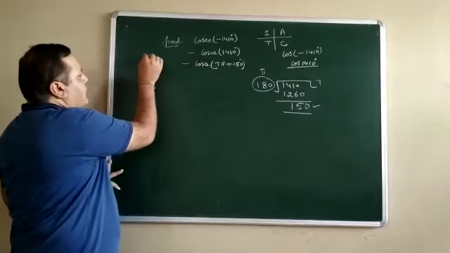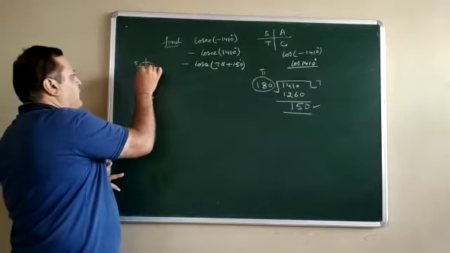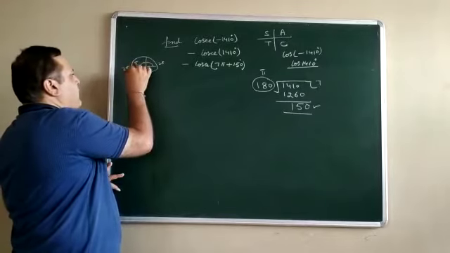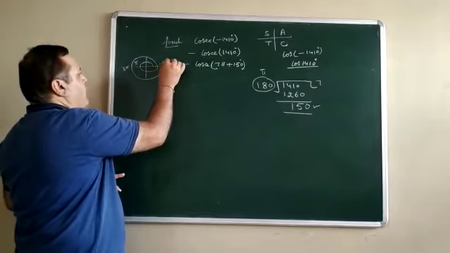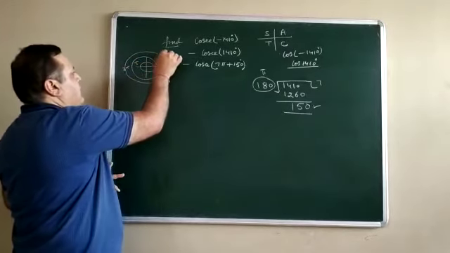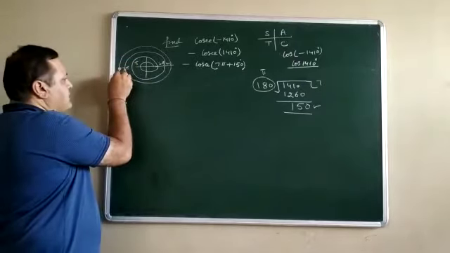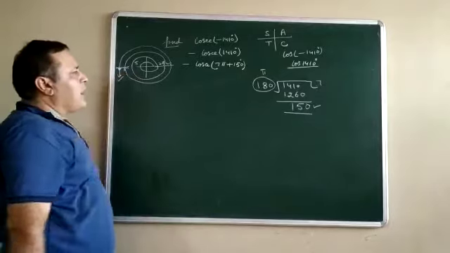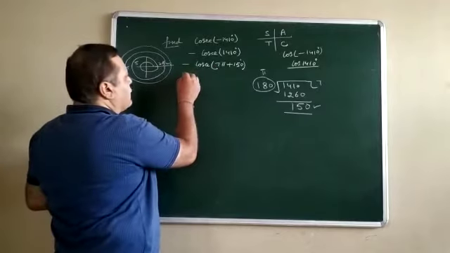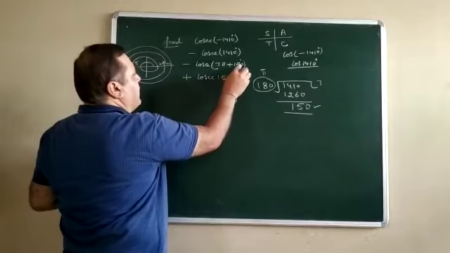If you see, here it is 0, here it is pi, here it is 2 pi, here it is 3 pi, here it is 4 pi, 5 pi, 6 pi, 7 pi. Here is 7 pi, and 7 pi plus theta means you enter into the third quadrant. In the third quadrant cosec is negative, so this minus cosec is converted into plus cosec of 150 degree.